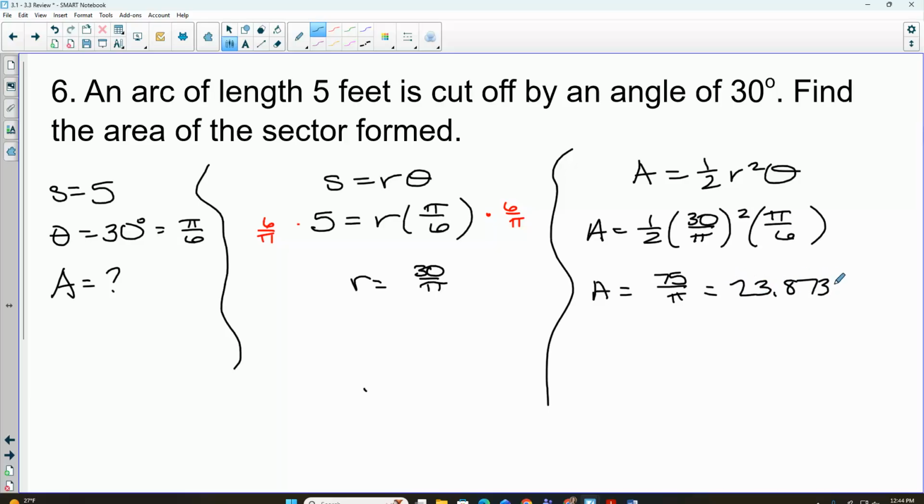So you could say 75 over pi or 23.8732, what would my units be?